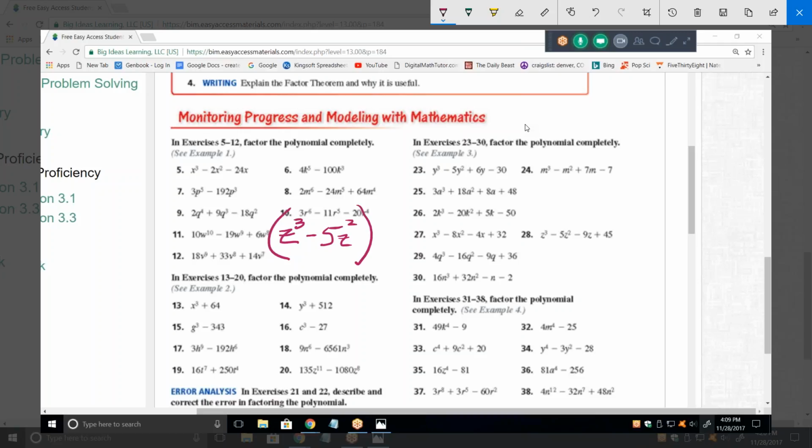So always then, you have to use that sign right there, so that's minus. So what's the rest of it? 9z minus 45.